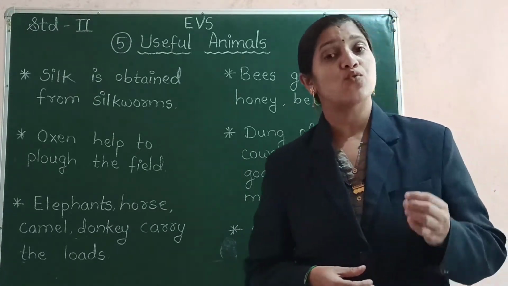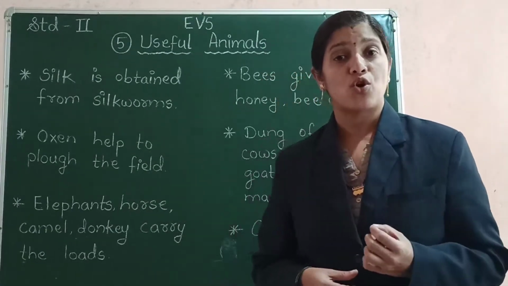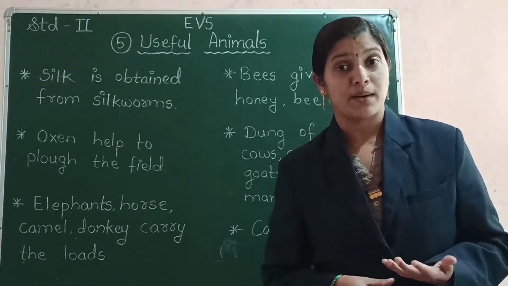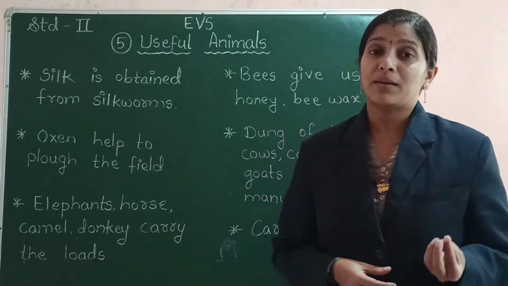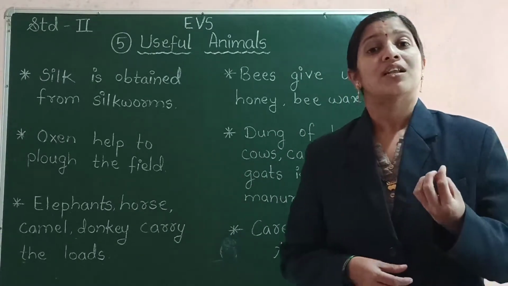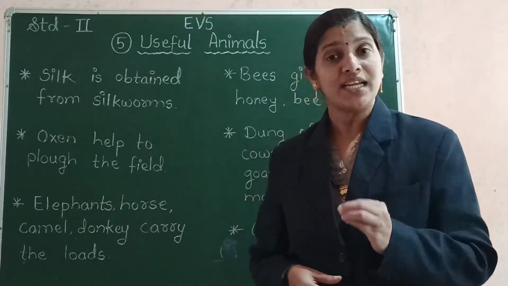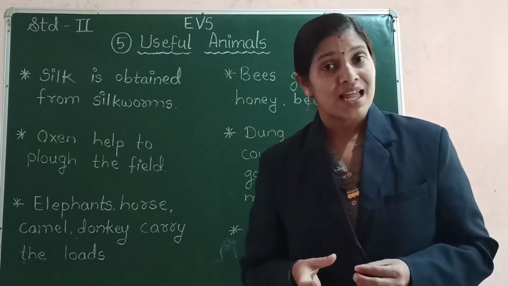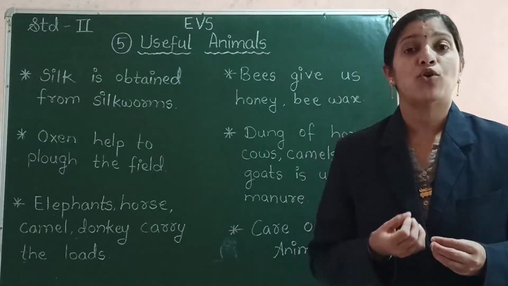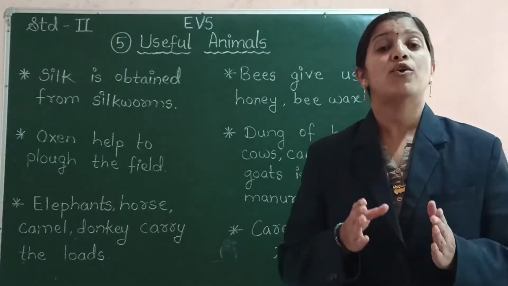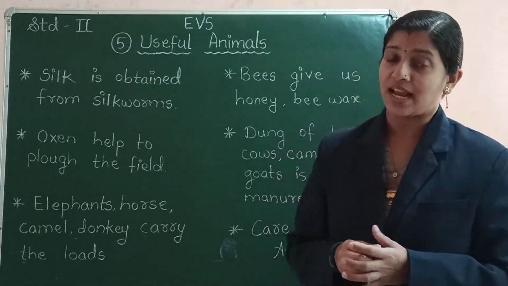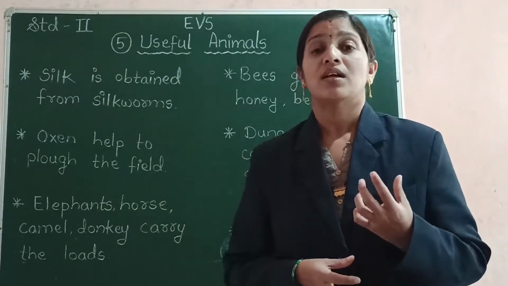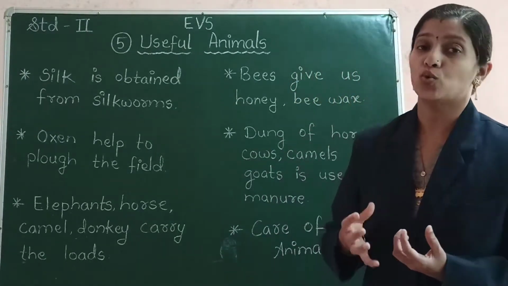So when a silkworm is very small, it is called a larva, and these larvae are fed on the mulberry leaves. The larvae like to eat the mulberry leaves, and they are fed on these leaves for about 42 days, and after the completion of the 42 days, the silkworms start forming the cocoon.